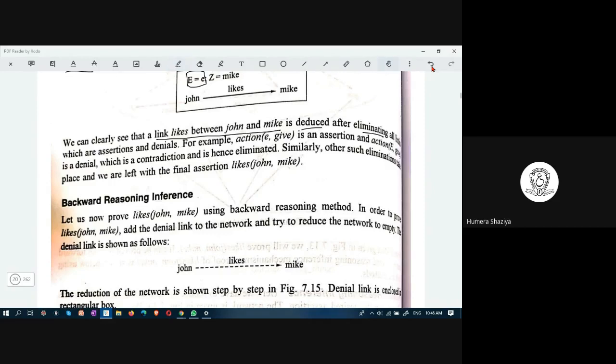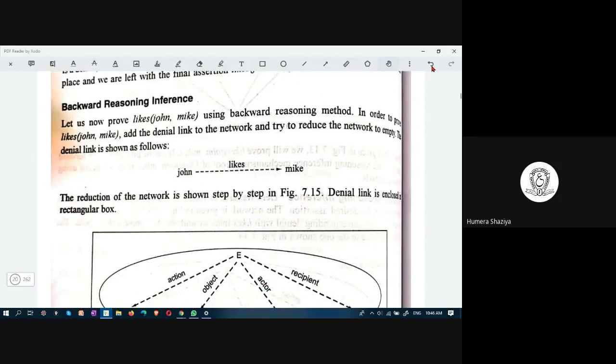After you are unifying and eliminating all the links, assertions and denials, assertions are these lines, denials are these lines. All are eliminated except this, and it is derived, or deduced, or inferred. These are synonyms.